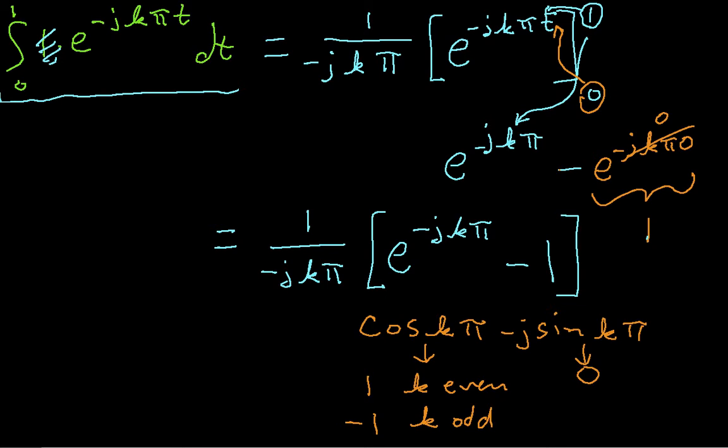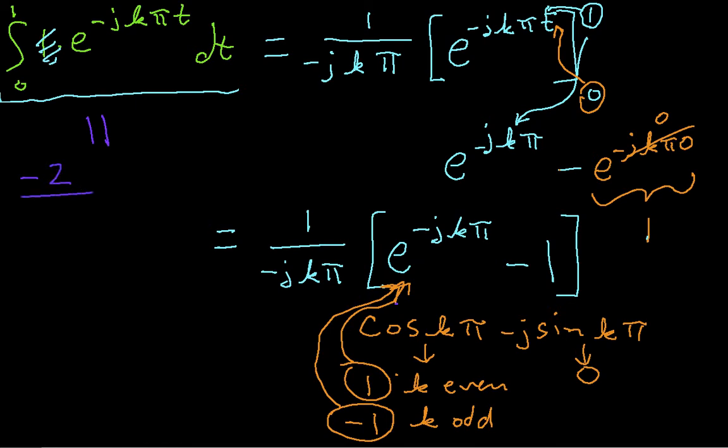Okay, so when k is even, I will have 1 put into here, and I'll have 1 minus 1. So when k is even, I have the situation where this difference is 0. When k is odd, I plug this in here, and I have minus 1 minus 1, which is negative 2. So the end result of this is that this is equal to minus 2 over minus j k pi when k is odd, and 0 when k is even.